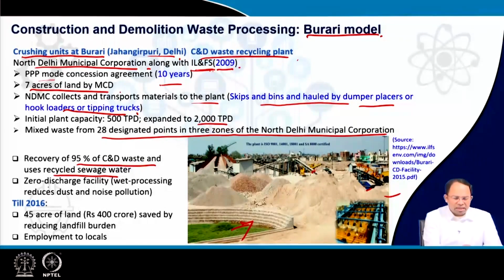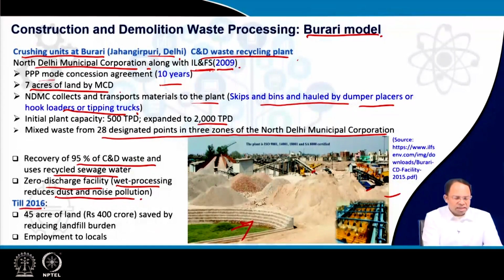This entire facility is a zero discharge facility, but the technology they use is called wet processing technology, which involves water, so that the amount of silt contaminating the waste is reduced. This also reduces dust and noise pollution from the materials being processed from the C&D waste.